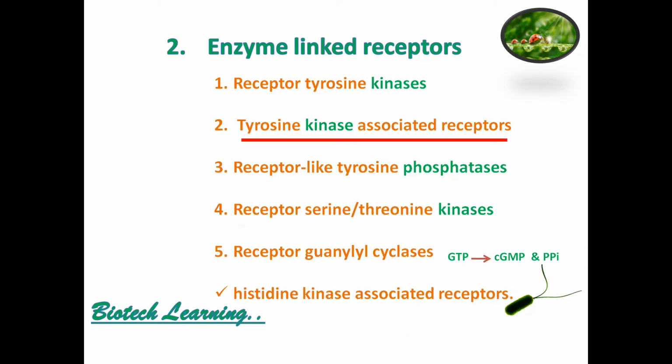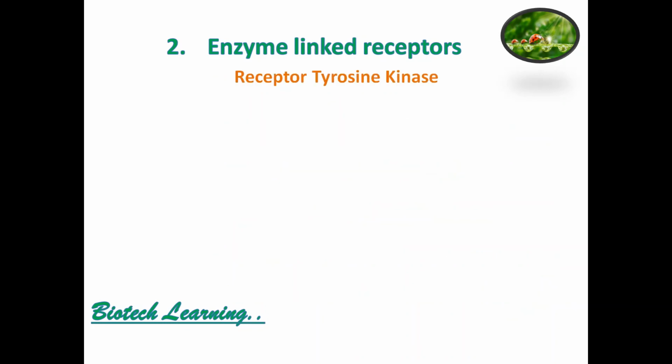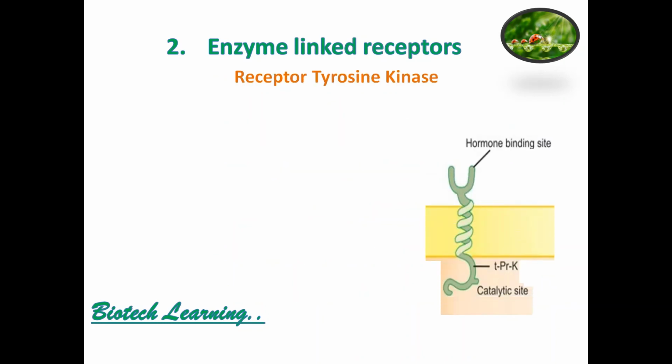So we cannot discuss all these in detail in this video, but we shall discuss a little bit about the first one, receptor tyrosine kinase. So as you can see here, this is a single polypeptide. On the extracellular side, it has a hormone binding site or a ligand binding site, and on the intracellular side, it has this enzymic domain, and that is specifically the tyrosine kinase domain.